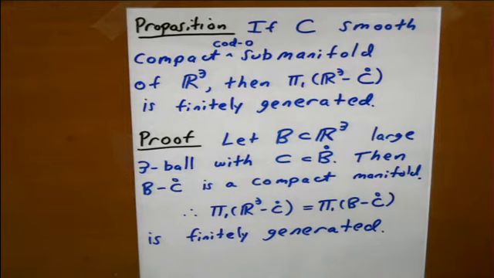So you could distinguish this space from R3 because here's a smoothly embedded compact submanifold with infinitely generated fundamental group in the complement, and R3 doesn't. Actually, this example is a method of generating all sorts of examples.